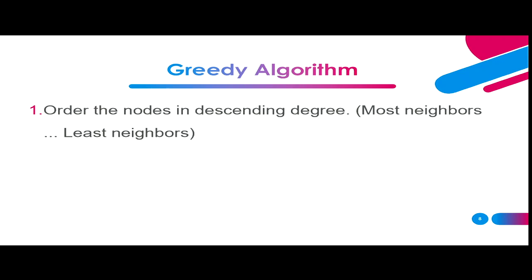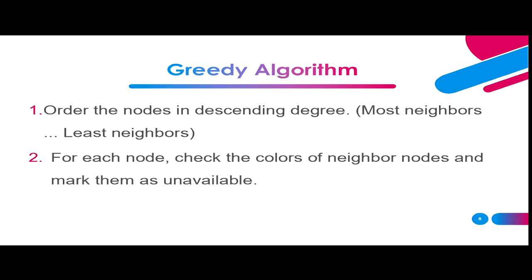And since we cannot find the optimal solutions using a known algorithm, one of the best algorithms you can use is called the greedy algorithm. The steps are: first, order the nodes in the graph in descending order, with the most neighbors in front and the fewest in the back.